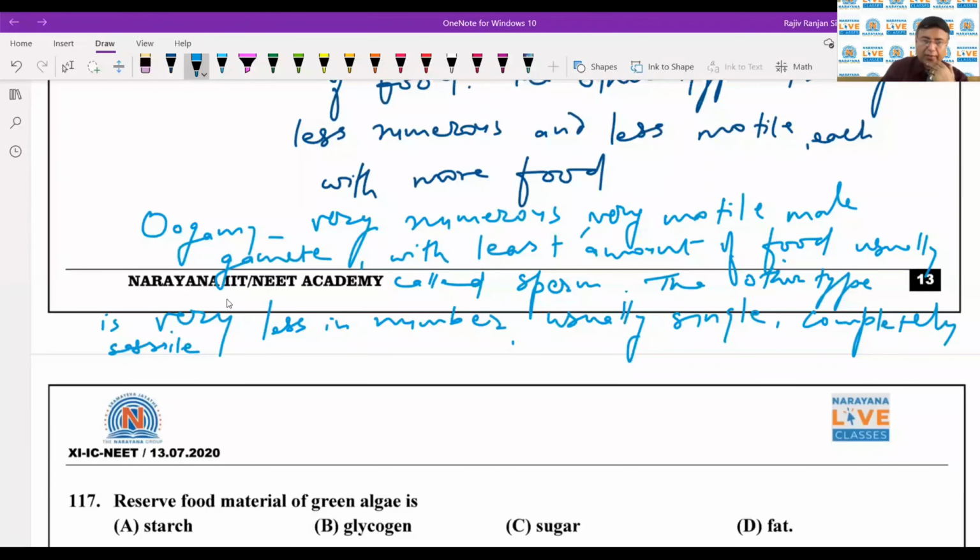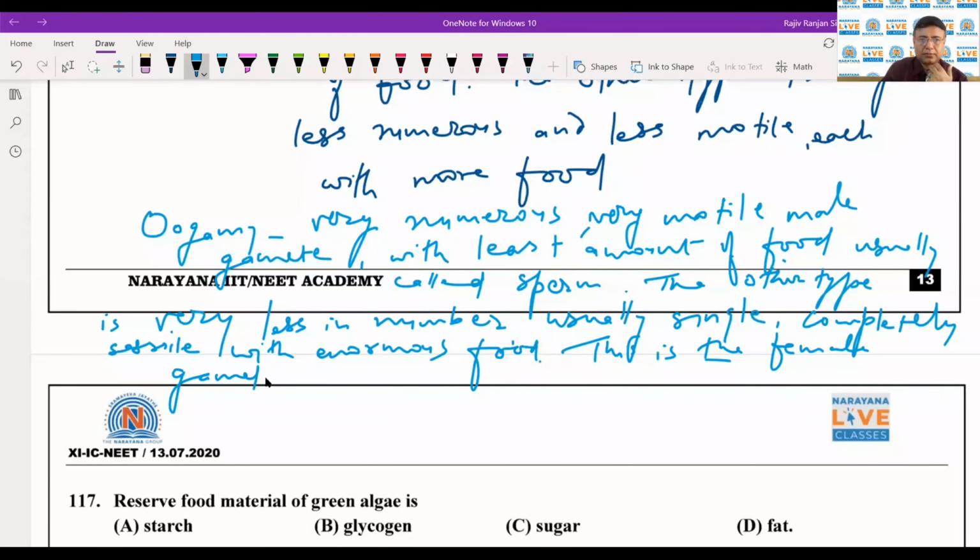With enormous food. This is the female gamete, referred to as ovum or egg.